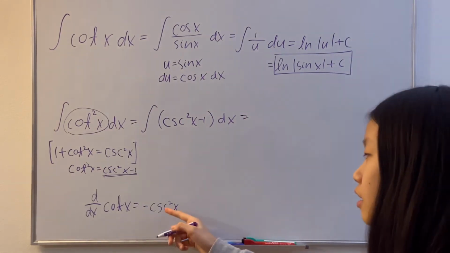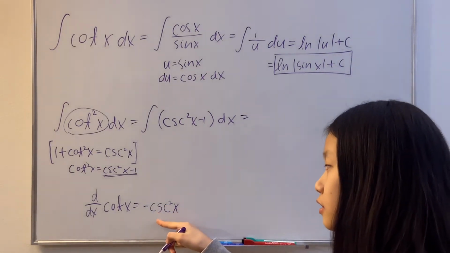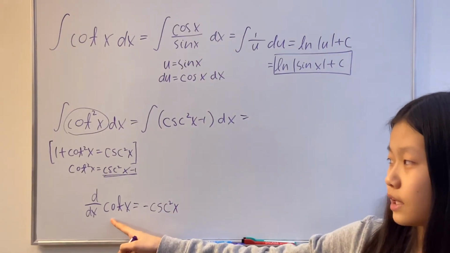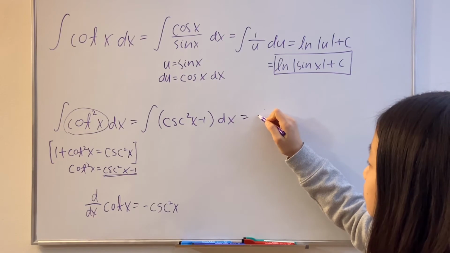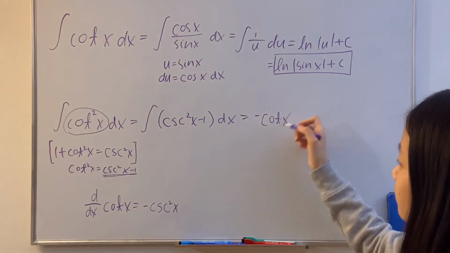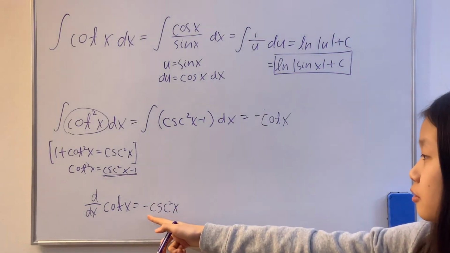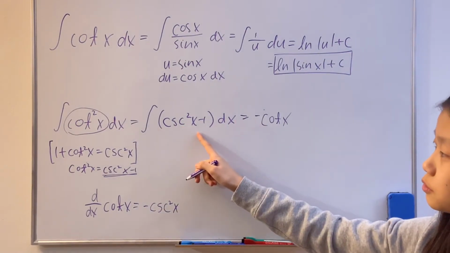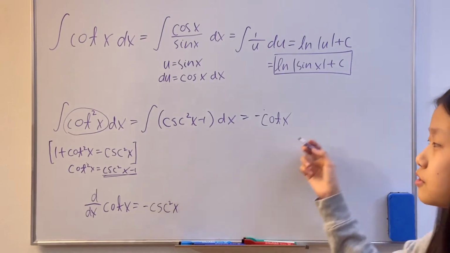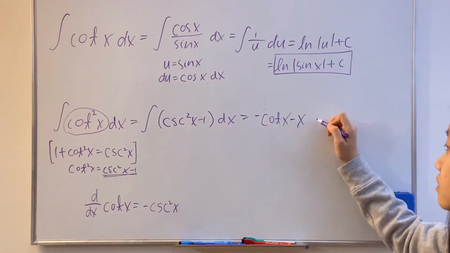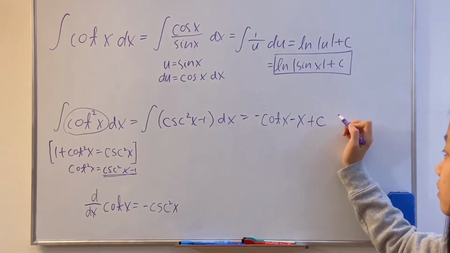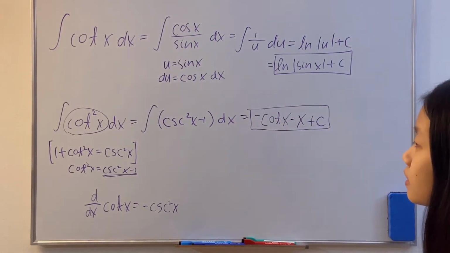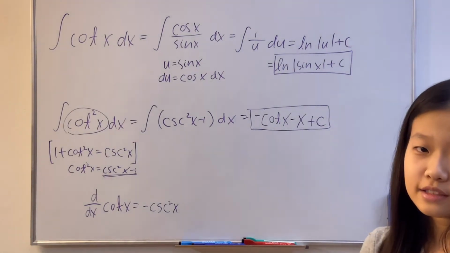So that means the integral of negative cosecant squared x is equal to cotangent x. But we have a positive instead of negative, so we would have negative cotangent x. And also the integral of negative 1 is equal to negative x. And don't forget to add the constant. That will be our answer for the integral of cotangent squared x dx.